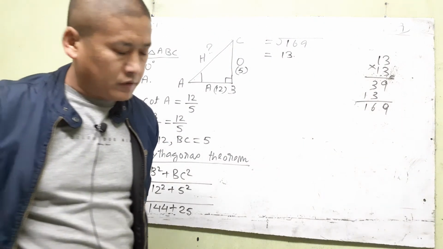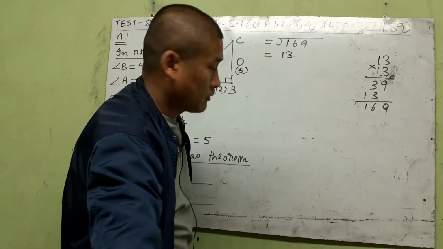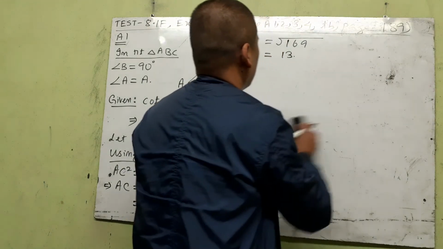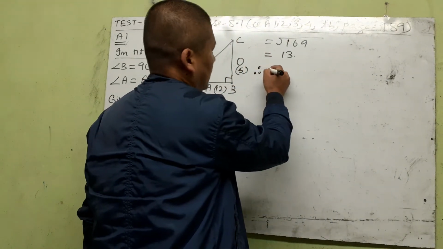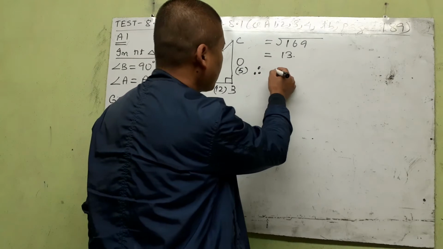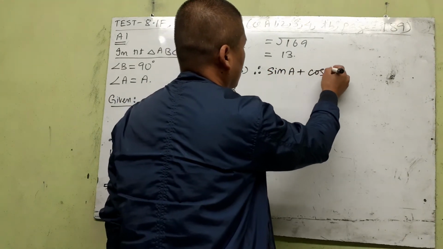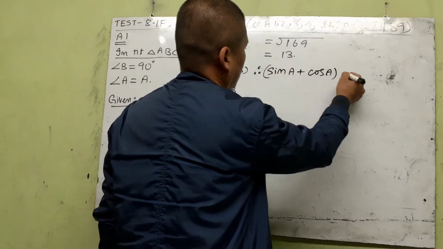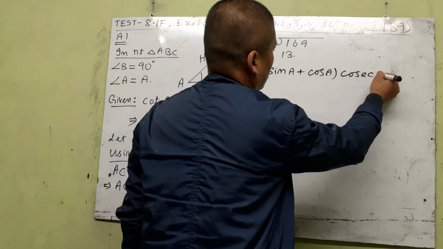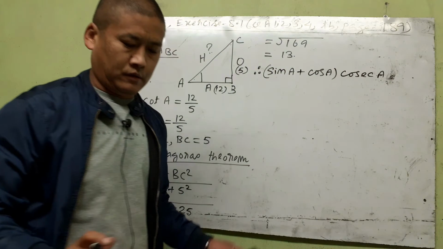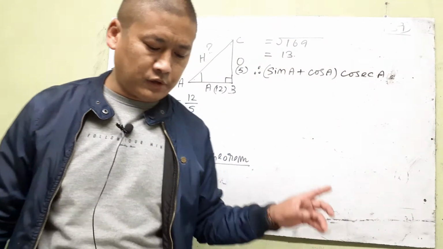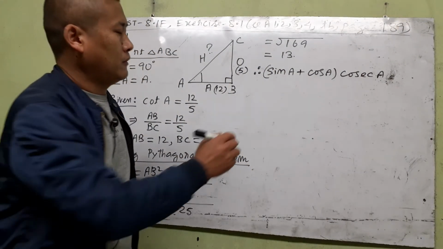We can answer our question. Therefore the value of sin A plus cos A into cosec A is the expression whose value we need to find out.